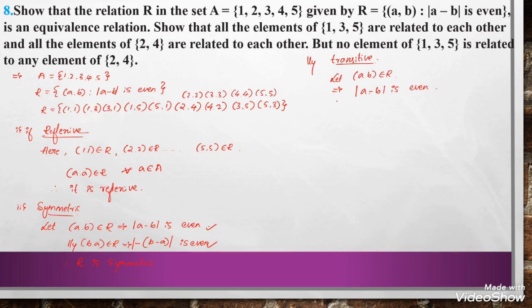Similarly, considering the element (B, C) which belongs to R, then B minus C is also even.